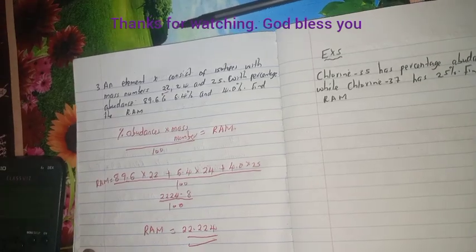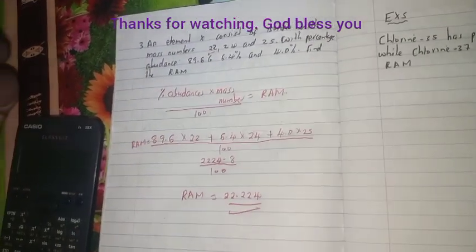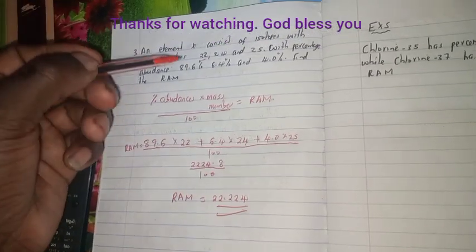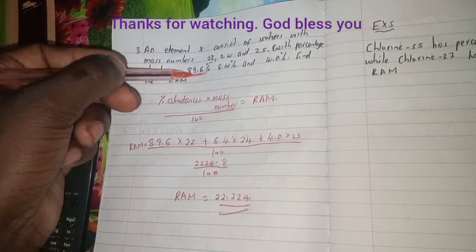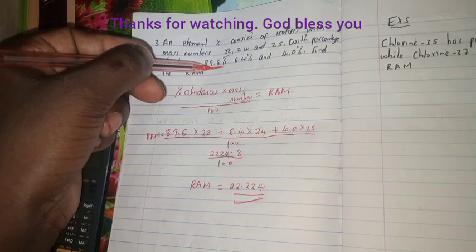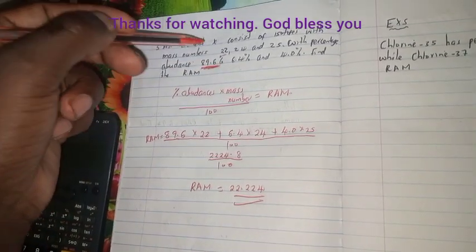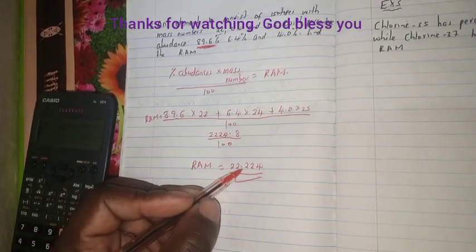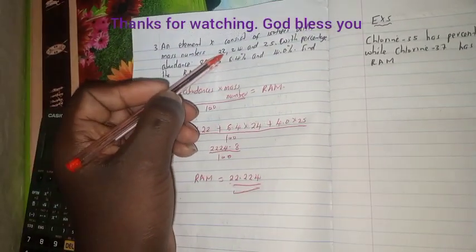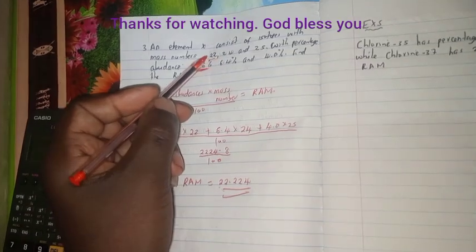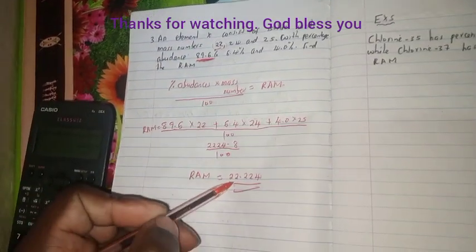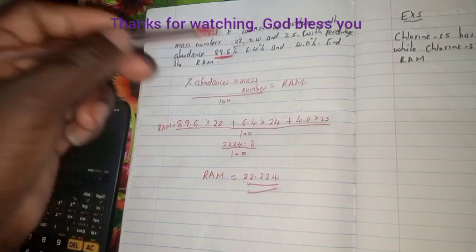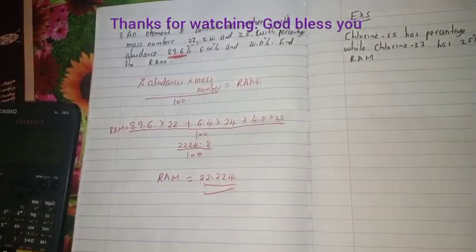Now, in case a question asks you to determine which one is more abundant, you just check which one has the highest percentage, and the one that has the highest percentage always has a RAM that is close to its mass number. If you check, this one is 22.224. Among 22, 24 and 25, 22 is closer to the RAM, and that means that one is more abundant. It means it will have a greater percentage.